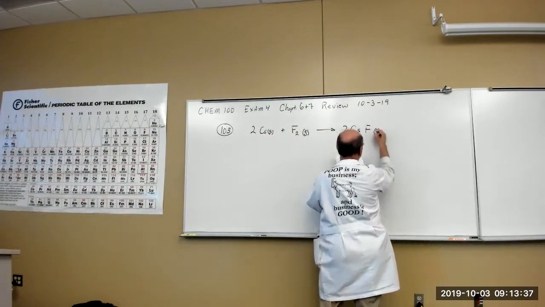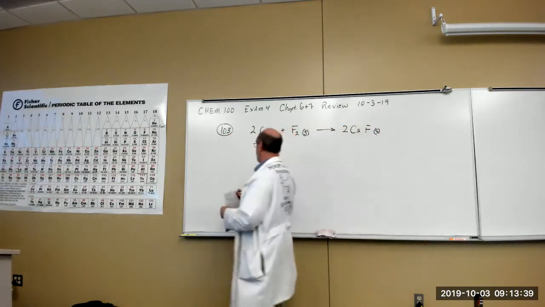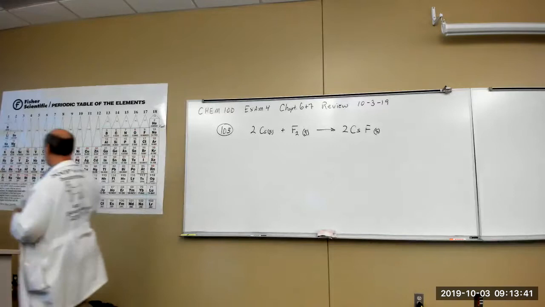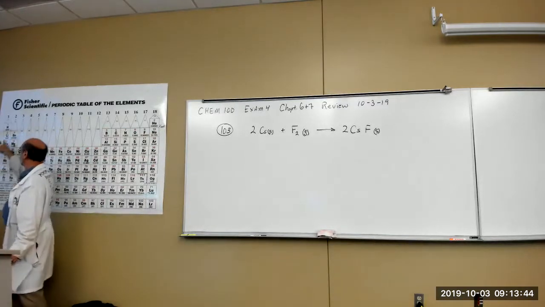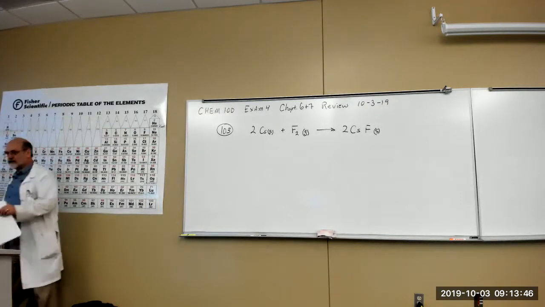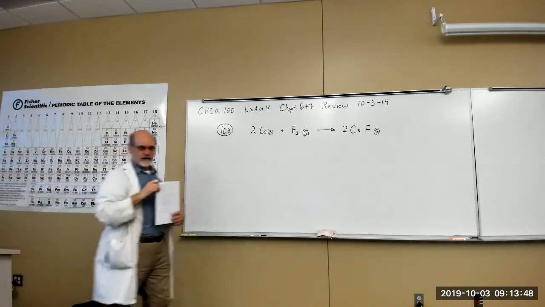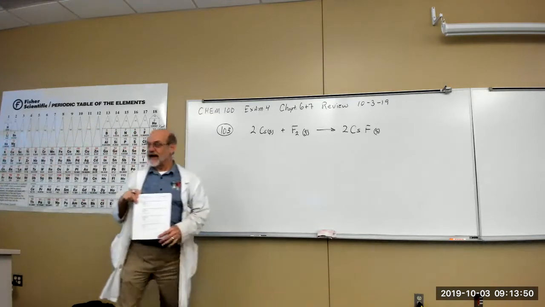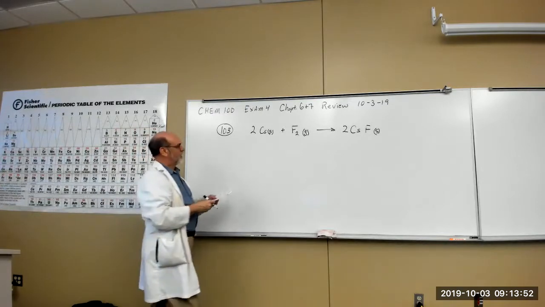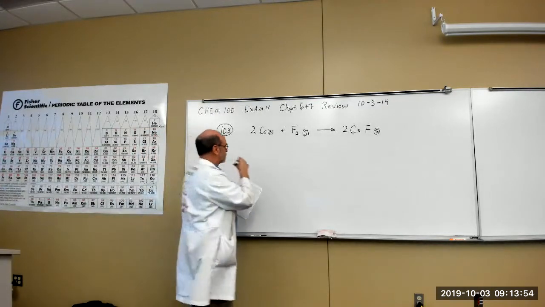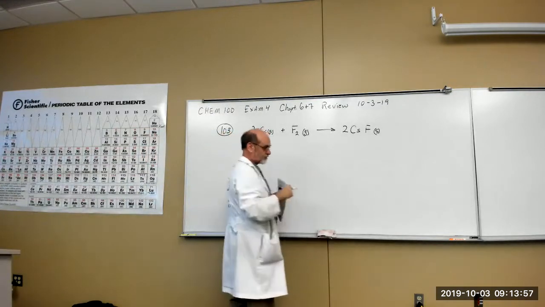Cesium chloride. So just out of curiosity, where does cesium come from? Over here. It's in the same family as sodium and potassium. I'm sorry? Alkaline metals, yep. Alkaline metal with a halogen.